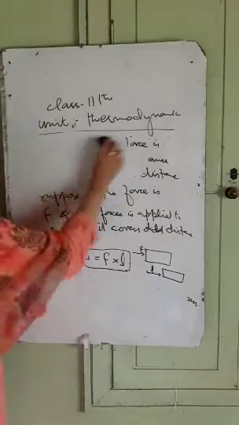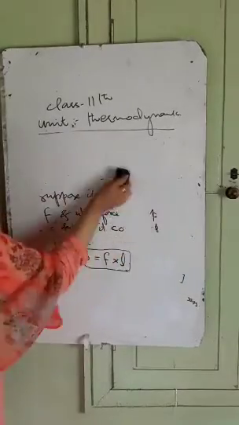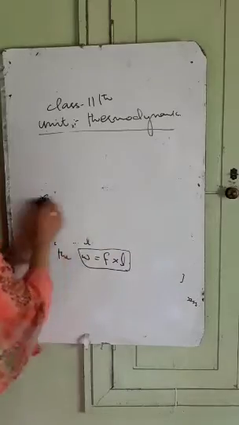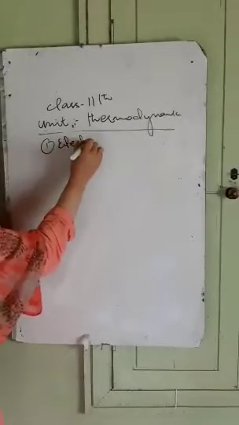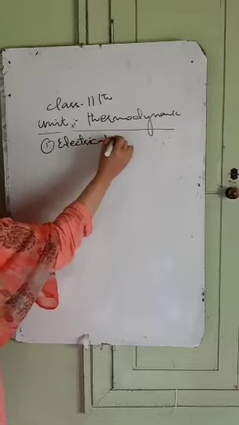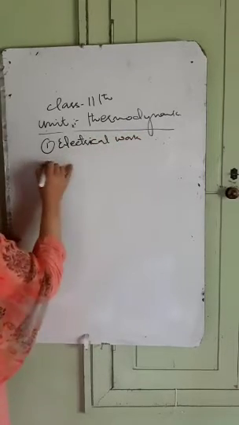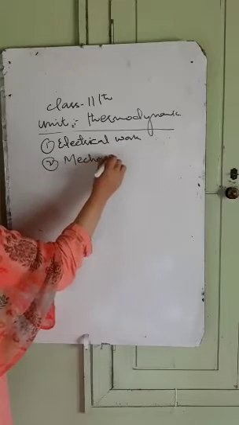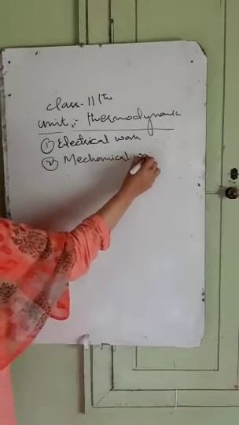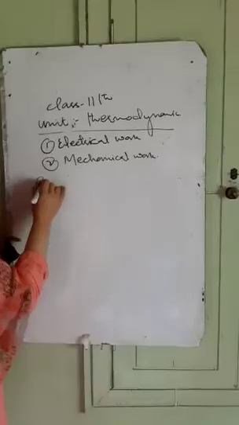So work is of the following types. Number first, we have electrical work, and number second, we have mechanical work. What is electrical work?